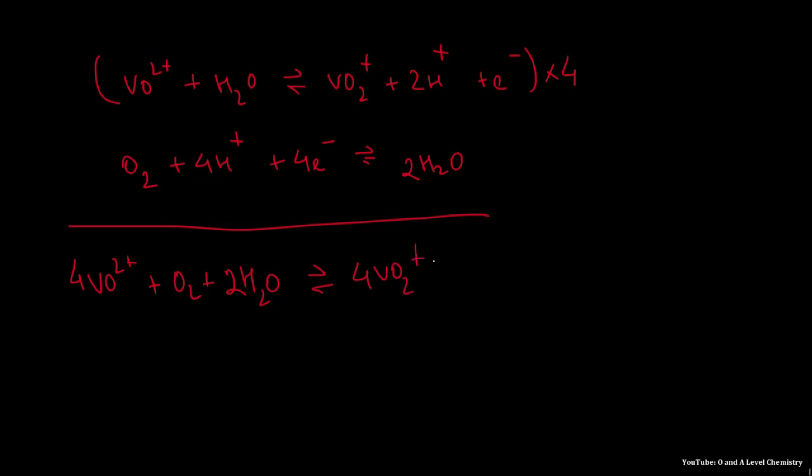And then I'm going to have 4 VO2 plus. I have 4 H pluses here and 8 there, so I'm going to have 4 H pluses. This is the overall equation.